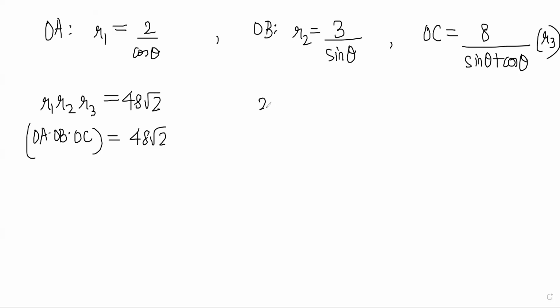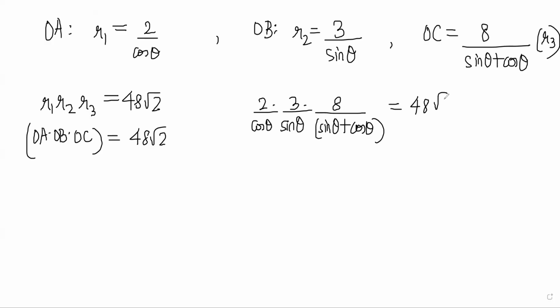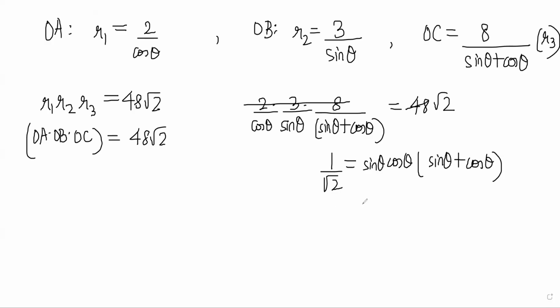So what we get here is 2 by cos theta times 3 by sin theta times 8 by (sin theta plus cos theta) is equal to 48 root 2. You can see that 48 cancels completely, and we have the relation 1 by root 2 is equal to sin theta cos theta times (sin theta plus cos theta). So if we can solve this equation, we will be able to find out our theta, right?